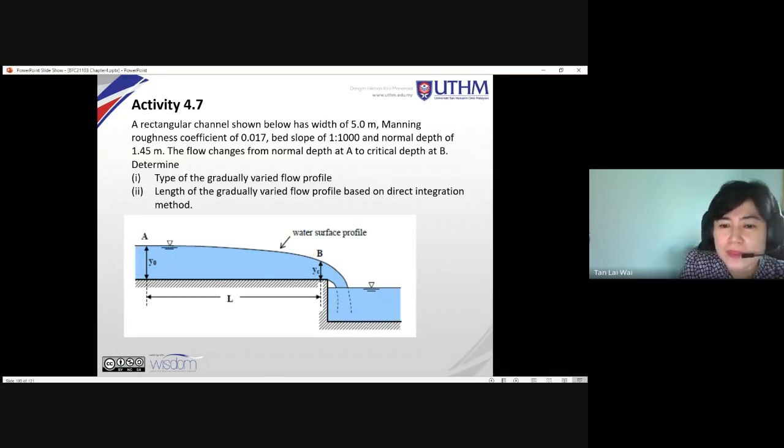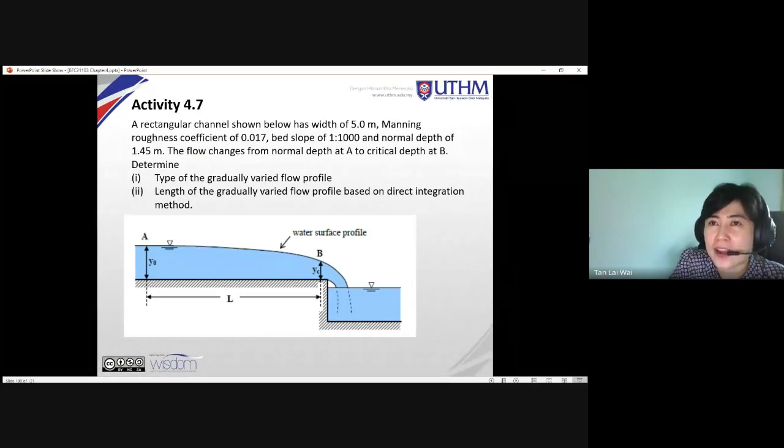Another thing is there's probably some differences in our answer slightly, but I don't think it is going to differ by more than 100 meters.